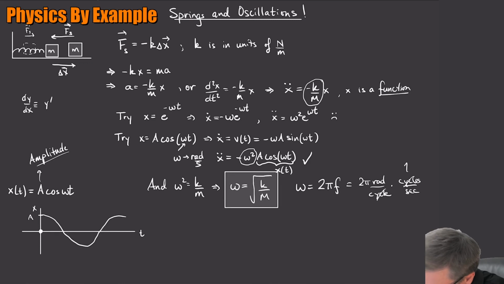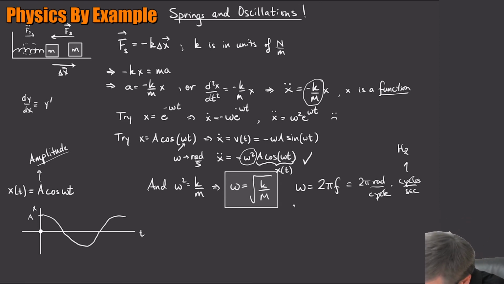Cycles per second is also what we call a hertz, is the shorthand for it. So a lot of times they're going to be interested in frequency, because that's really something you measure, and then you convert into omega. Another thing we do is, instead of the cycles per second, maybe you're interested in the seconds per cycle. The inverse of frequency is called the period. How long does it take to do one cycle?